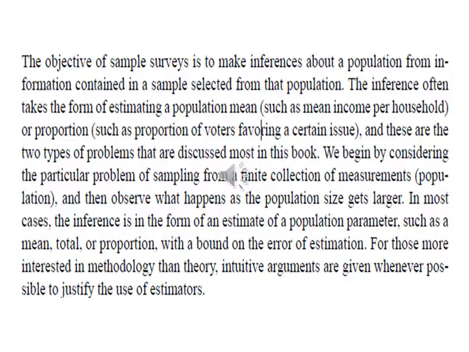We begin by considering the particular problem of sampling from a finite collection of measurements, a population, and then observe what happens as the population size gets larger. In most cases, the inference is in the form of an estimate of a population parameter.